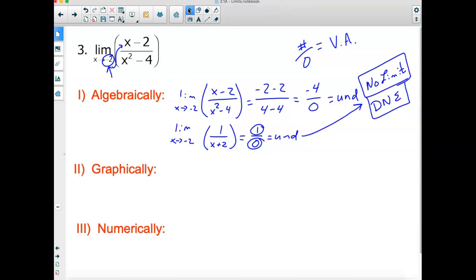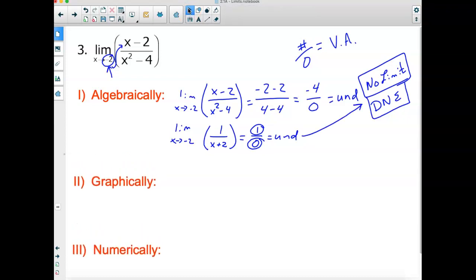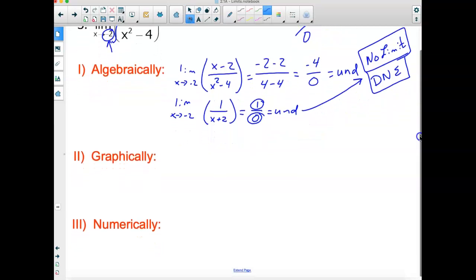Vertical asymptote. Graphically, we need to look at it from both sides, okay? Super important we do that. So we need to look at the limit as x approaches -2 from the right side of x minus 2 over x squared minus 4.